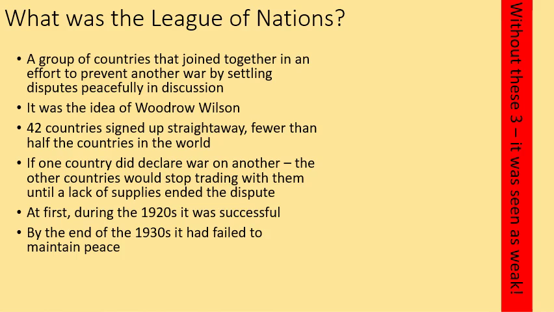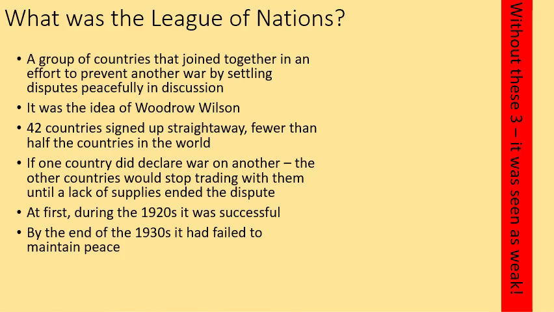And that would have massive economic problems for them, huge economic problems, and it would cut off their supply chain. So the idea would be to cut them off until they end the dispute and say, okay, we won't. So that was a tactic that the League used. No violence involved, just stopping trading with them.